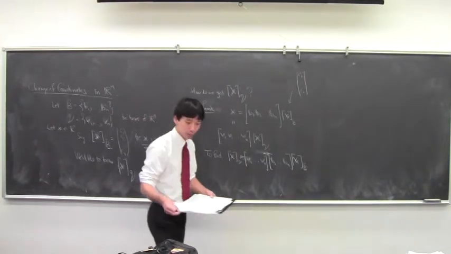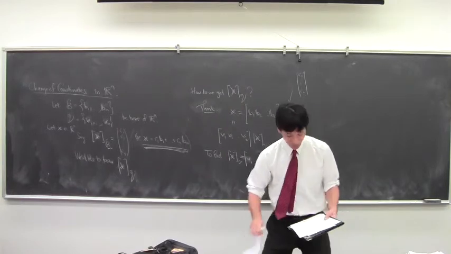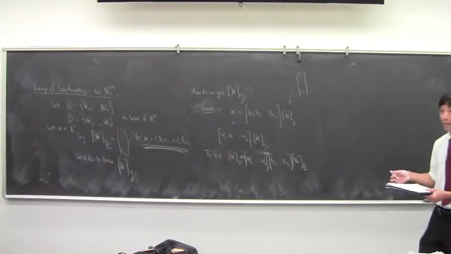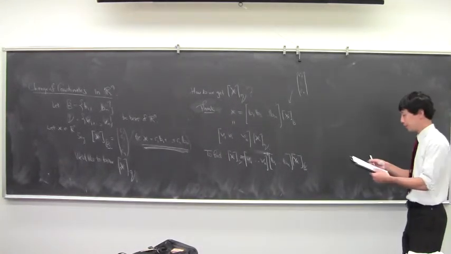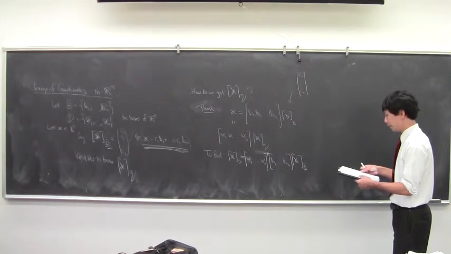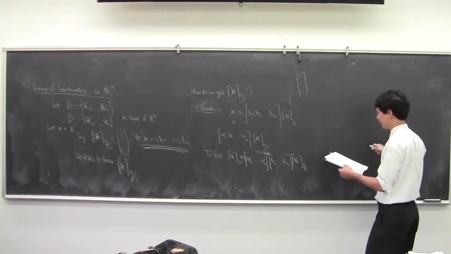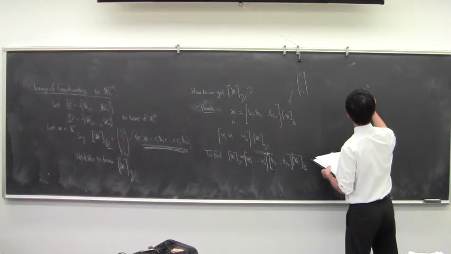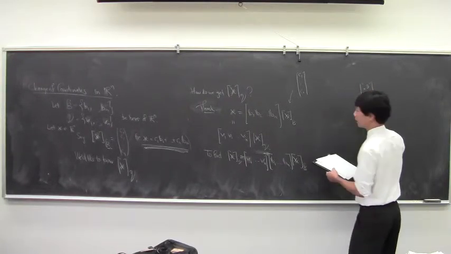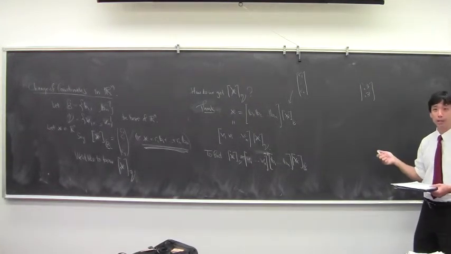Okay, let me make this concrete. It looks complicated, but in fact, it's something very straightforward. So for example, we had this thing, 0.3.7, and this was with respect to the standard basis.